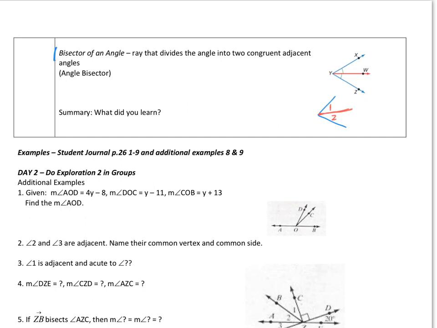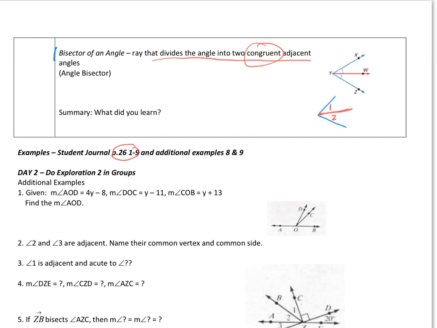They will be congruent. So it's a ray that divides the angle into two adjacent angles that are congruent as well. So that's pretty much a summary of these notes. We are going to do these in class, but right now let me do some of these other examples for you.